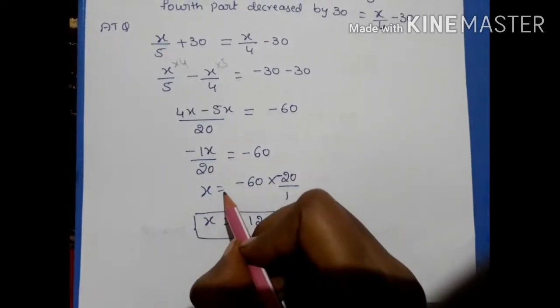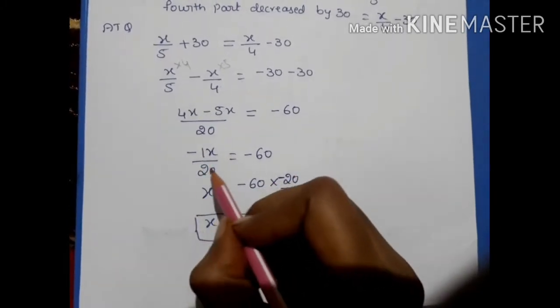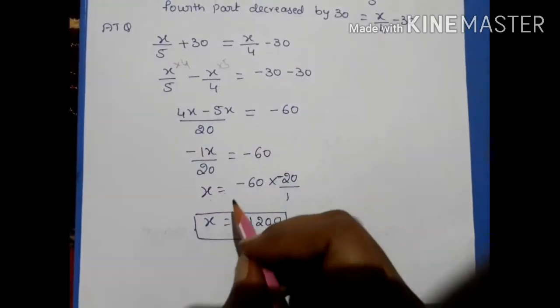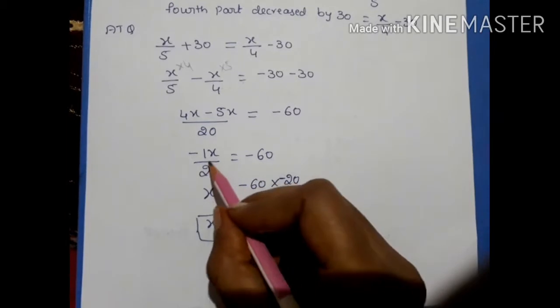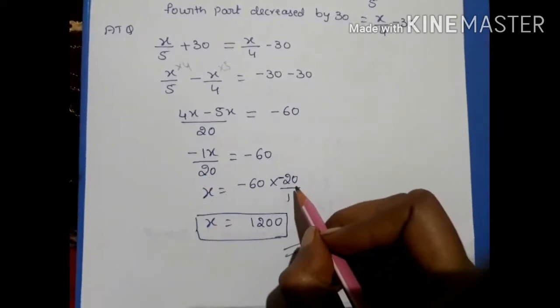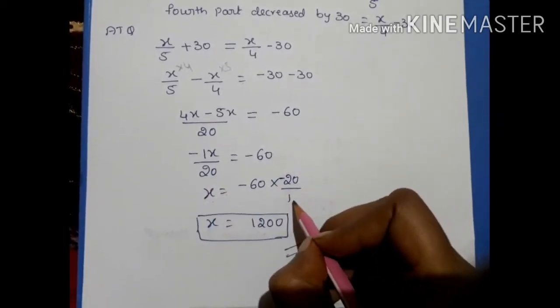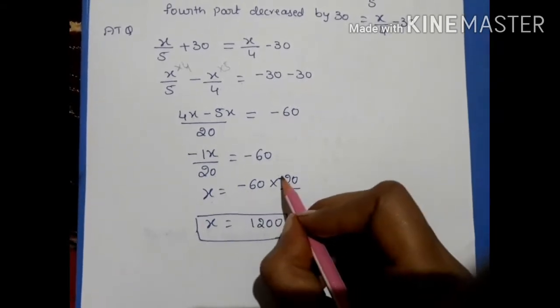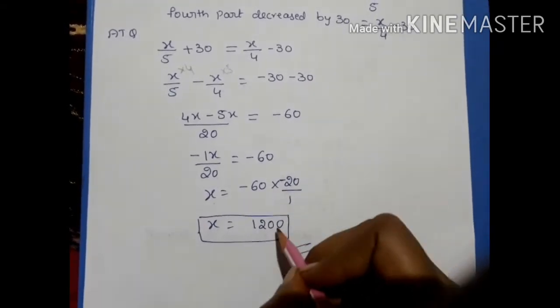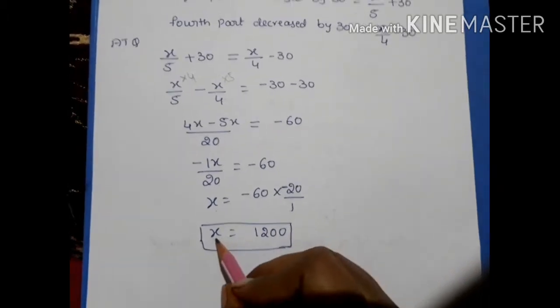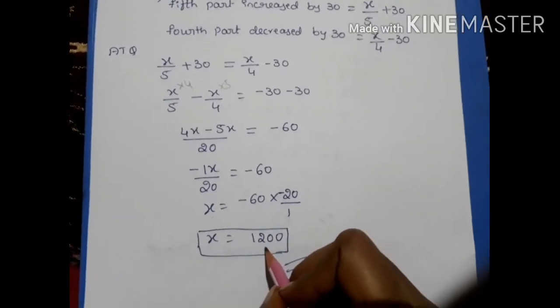So x equals to, take complete minus 1 by 20 to the RHS side. x equals minus 60 into minus 20 by 1, write its reciprocal. Minus into minus is plus. 6 2s are 12, remaining 2 zeros write as it is. Then we got x equal to 1200.